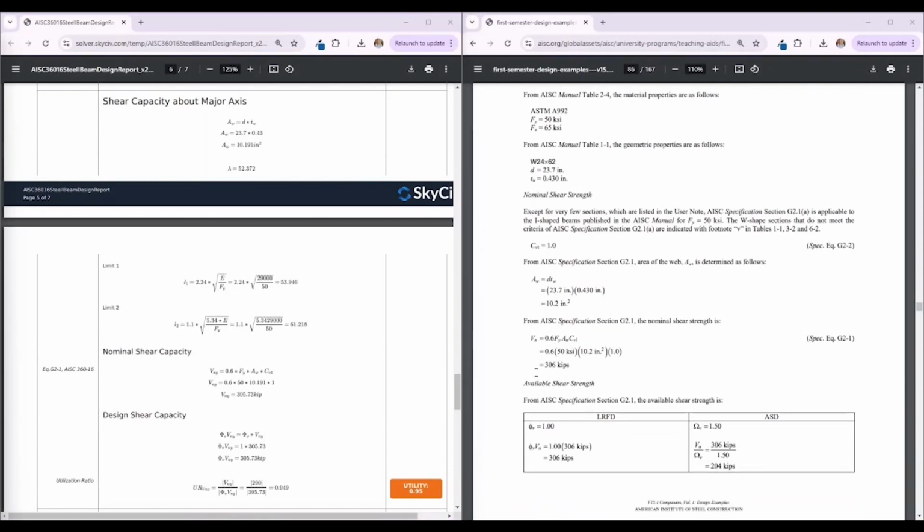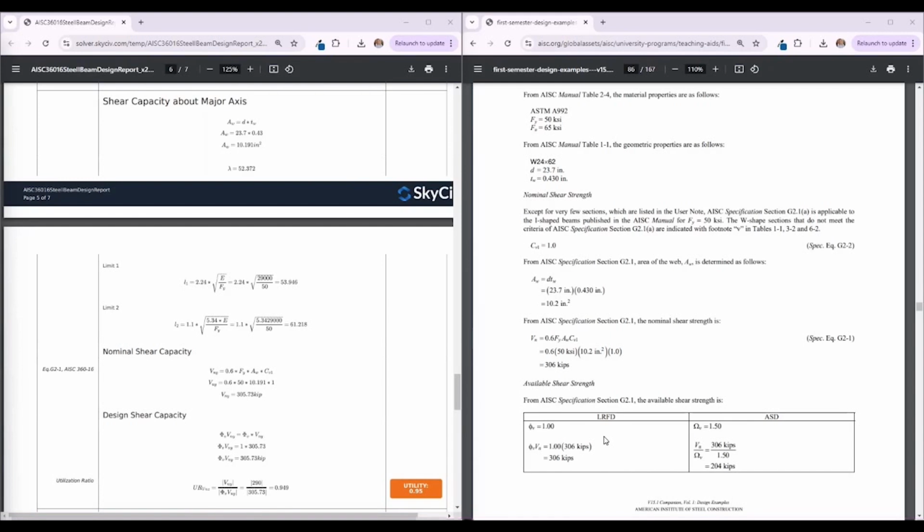Continuing on to the available shear strength. From AISC specification section G2.1, the available shear strength using the LRFD design method is phi v times the nominal shear capacity, where phi v equals 1. That equals 1 times the rounded 306 kips, which equals 306 kips of available shear strength.